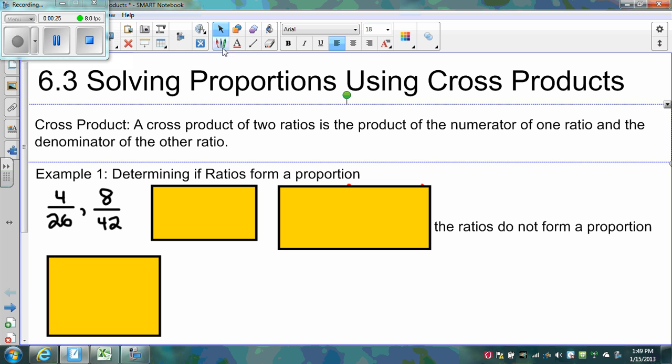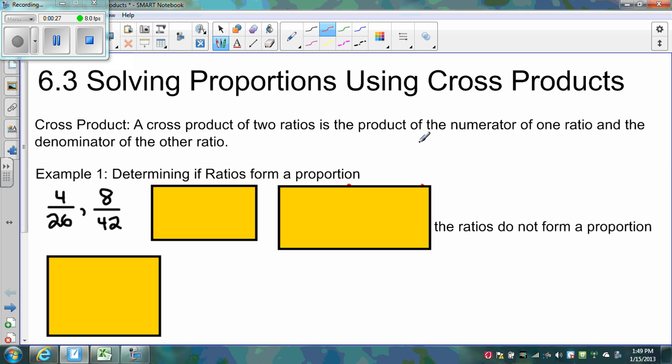the other ratio. So for example, if you had 2/5 equals, let's do 4/10, the cross product says we can cross multiply these. So 2 times 10 equals 5 times 4.